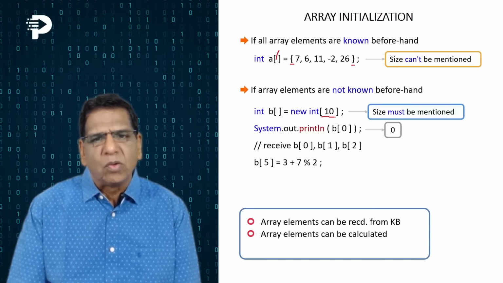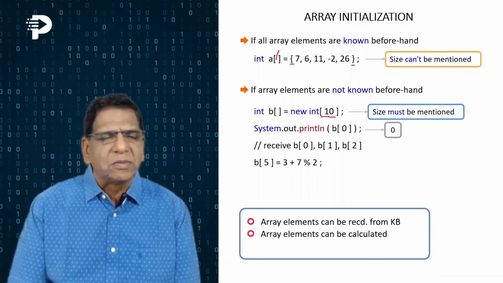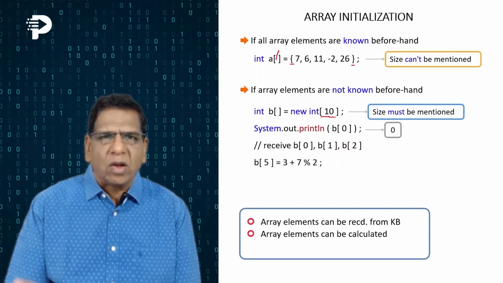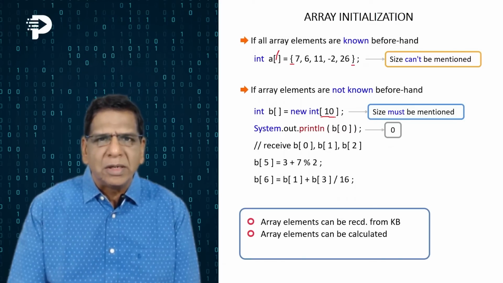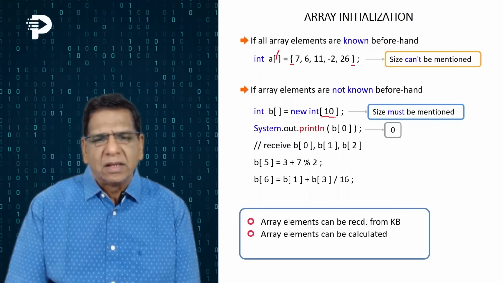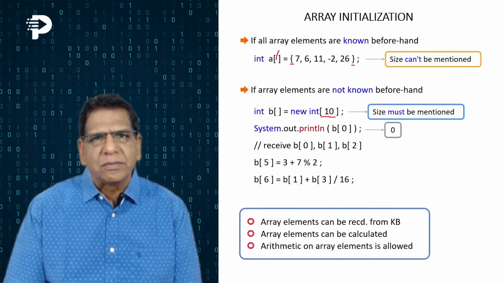You are doing the expression 3 + 7 mod 2, whatever is the result of that expression, that would get assigned to b[5]. Not only that, I can also involve one or multiple array elements to compute yet another array element. So arithmetic on array elements is also perfectly feasible.